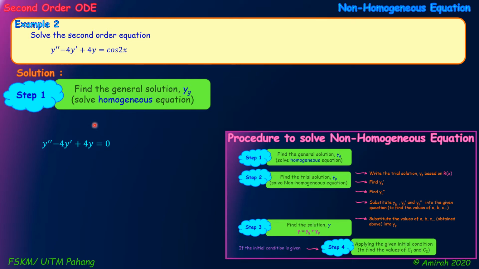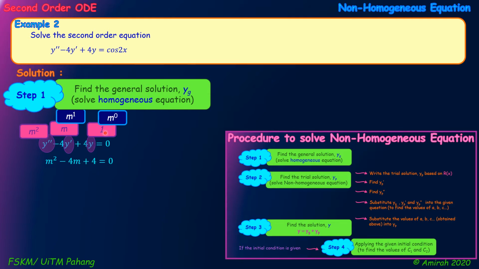Then under the homogeneous equation, after we write the right hand side equals 0, we replace y double prime by m to the power of 2, replace y single prime by m to the power of 1, and replace y by m to the power of 0.